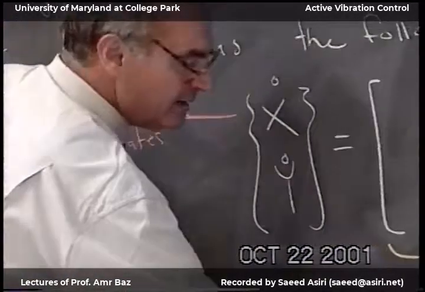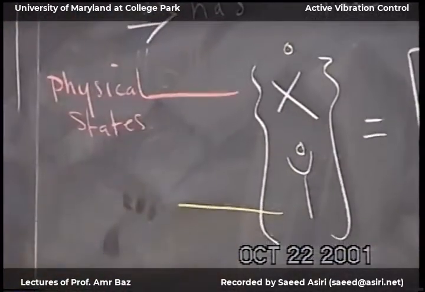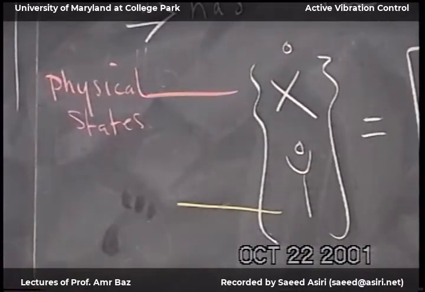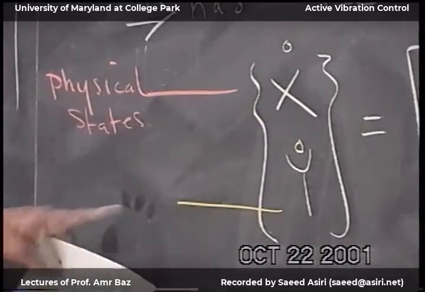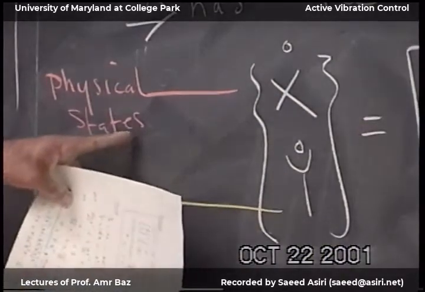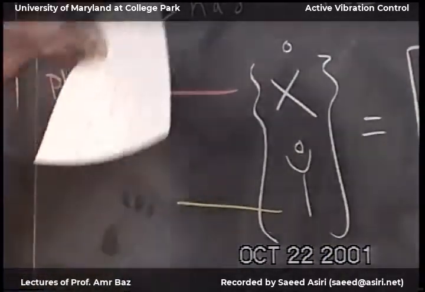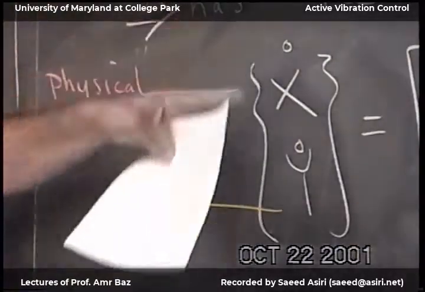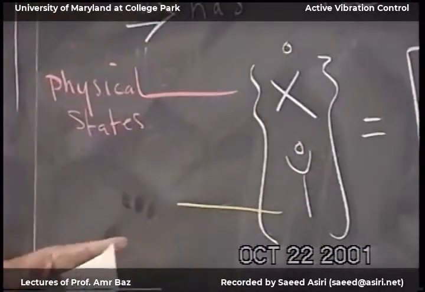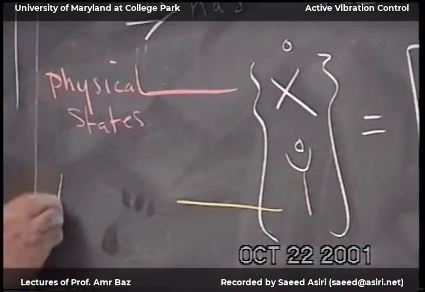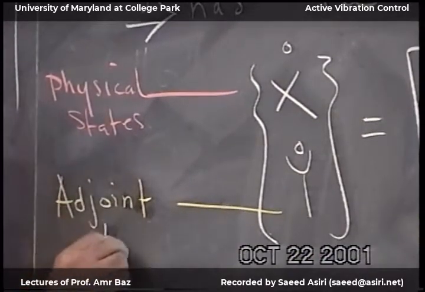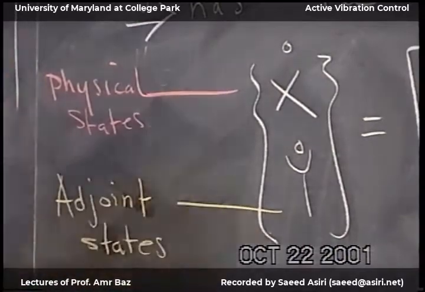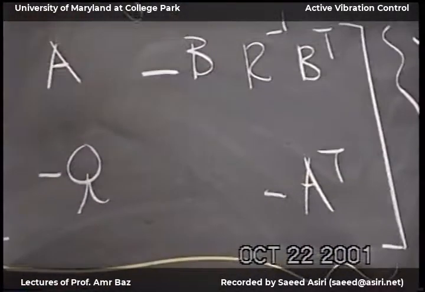And the second line, like you will see, has Lagrange-parameter type variables associated with the main system, because when we do the optimization we have to satisfy the equation of the system. So it has Lagrange multipliers and they are called the adjoint states. And this is our Hamiltonian matrix.